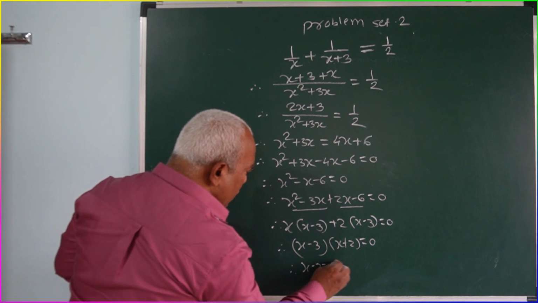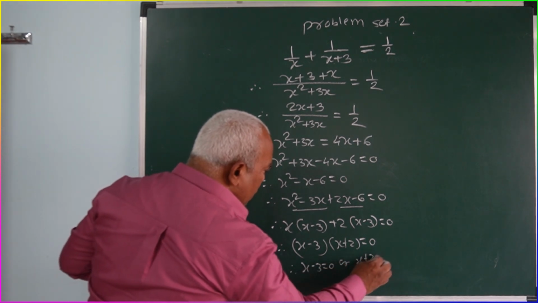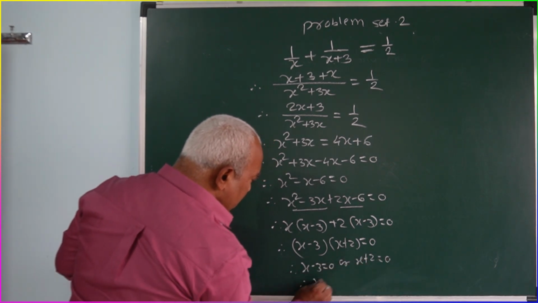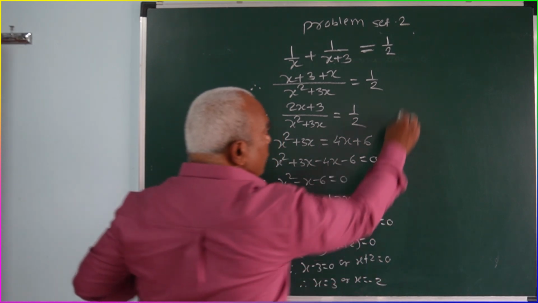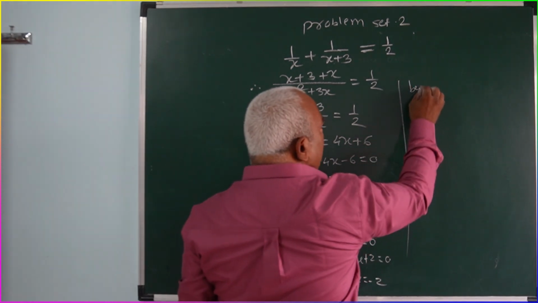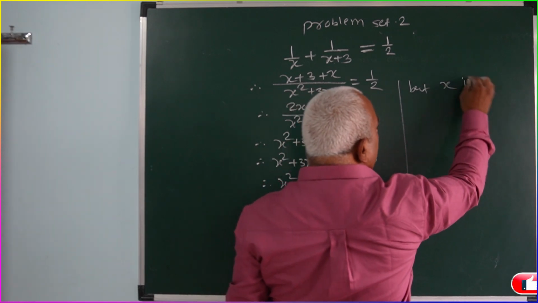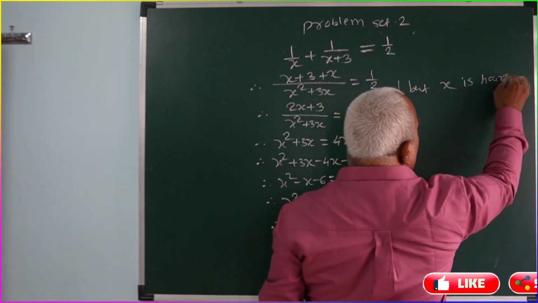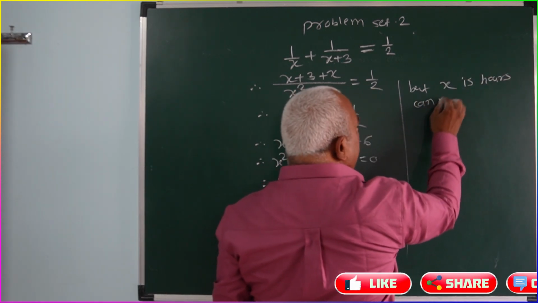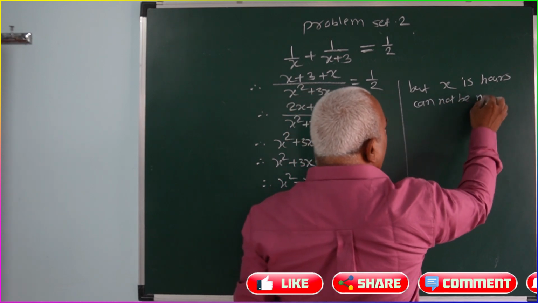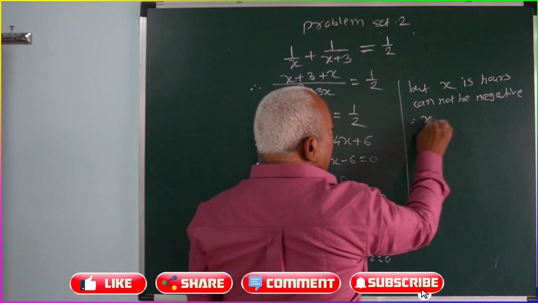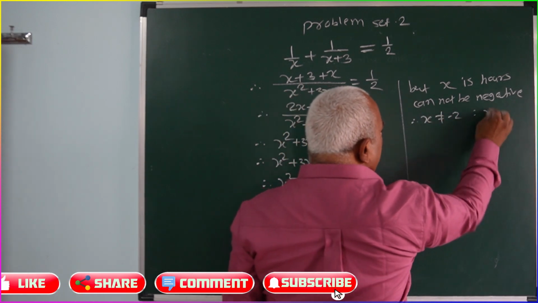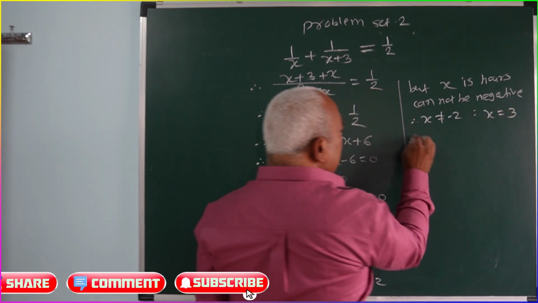X minus 3 equal to 0 or x plus 2 equal to 0. X equals 3 or x equals minus 2. But x is hours, and hours cannot be negative. Therefore, we can't take x as minus 2. Therefore, x equals 3.